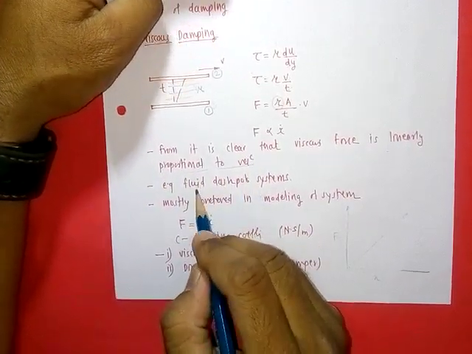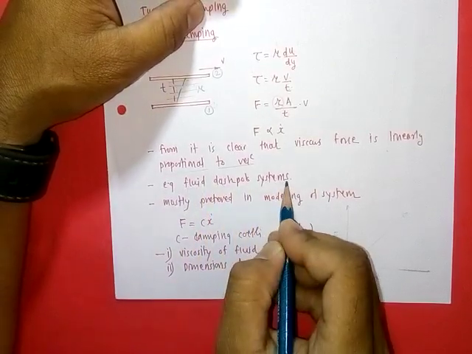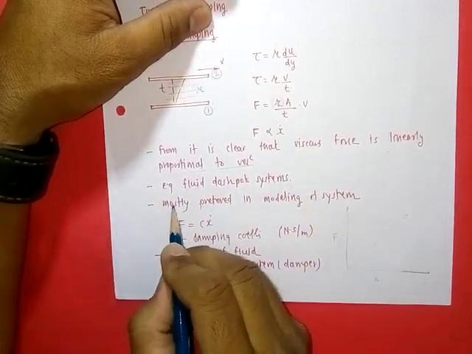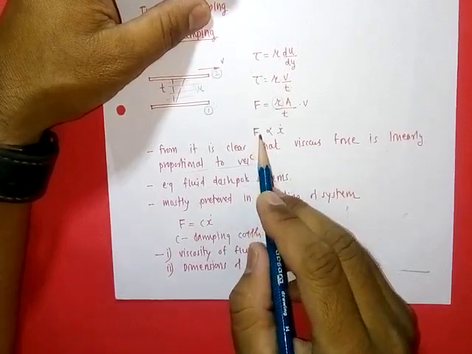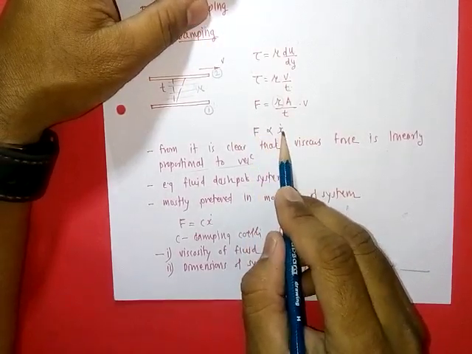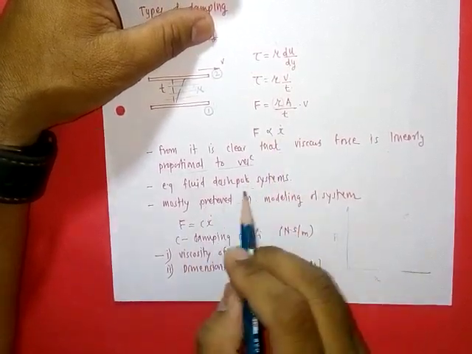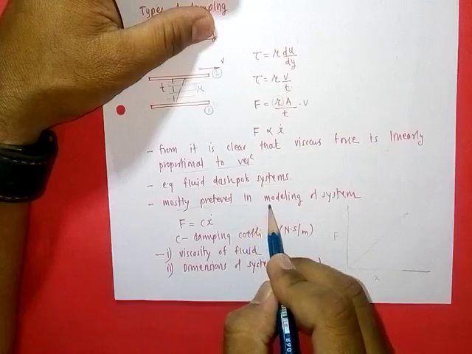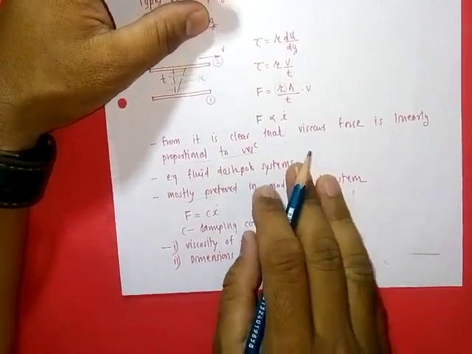An example of this type of damping system is the fluid dashpot system. As in these systems the damping force is linearly proportional to velocity, these systems are mostly preferred while modeling any vibrating system.